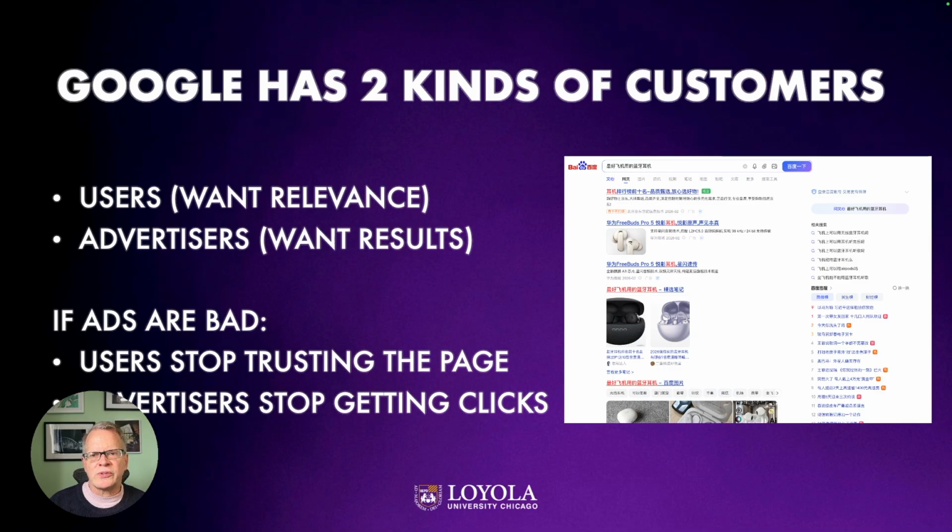Now, I put a search page here from China, which is Baidu, which is essentially the Google of China. Baidu suffers from this greatly. It is a pay-to-play environment where if you type in anything, in this case I put in Bluetooth headphones in Chinese, every single one of these results is a paid ad. There's no organic search.